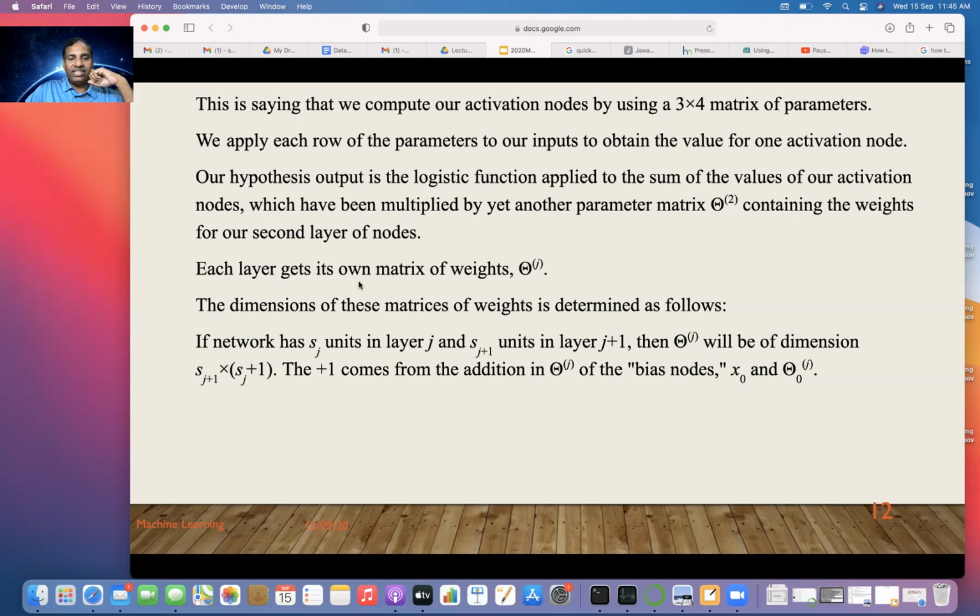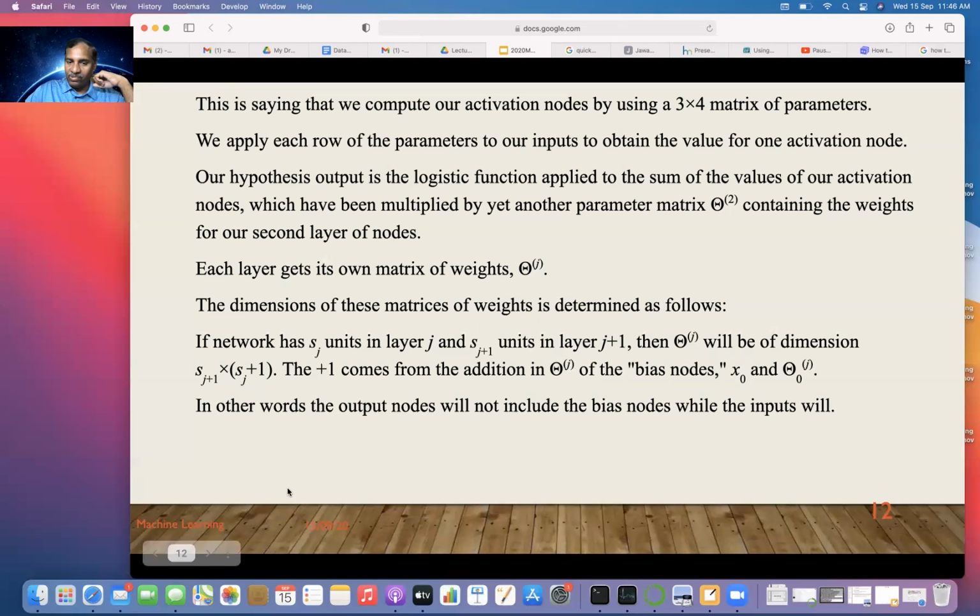So each layer gets its own matrix of weights. The dimension of these matrices of weights is determined as follows. If the network has Sj units in layer J and Sj plus 1 units in layer J plus 1, then theta j will be of dimension Sj plus 1 by Sj plus 1. The plus 1 comes from the addition in theta j of the bias nodes x naught and theta naught j.